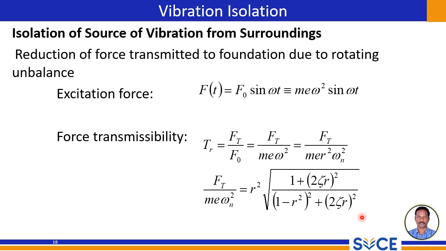This equation allows us to analyze the force transmissibility in a system with rotating unbalance. They show how the transmitted force depends on the frequency ratio, damping ratio, unbalanced mass, and eccentricity. By manipulating all these parameters, we can design vibration isolation systems which can effectively reduce the transmission of vibration caused by rotating unbalance.